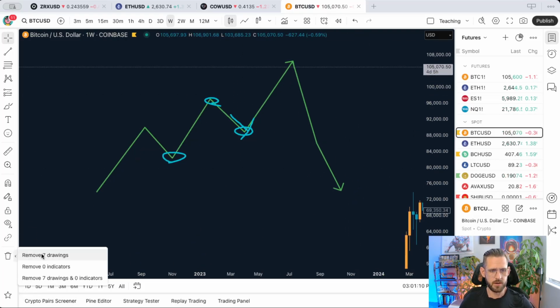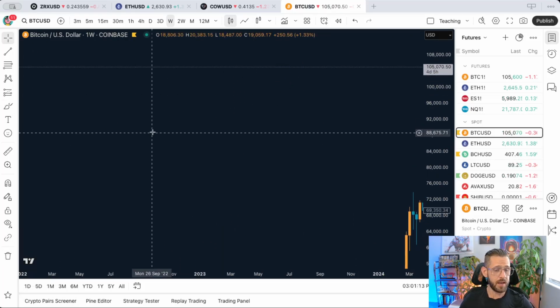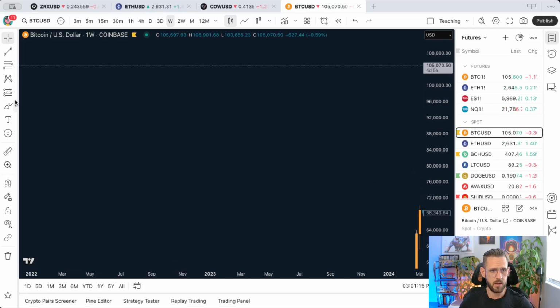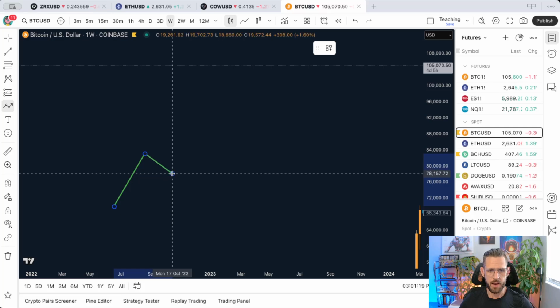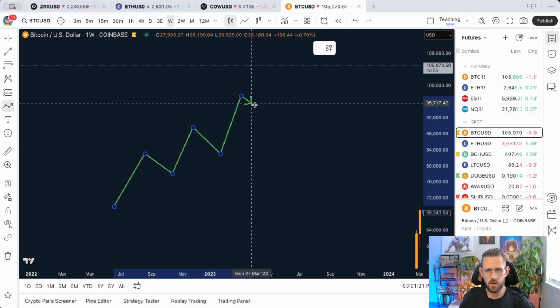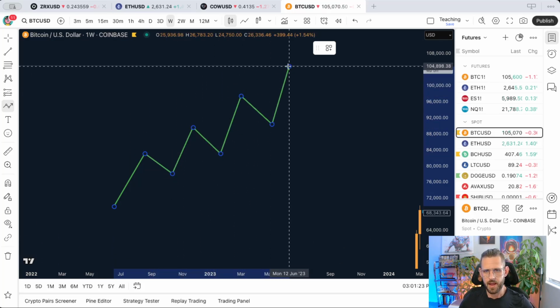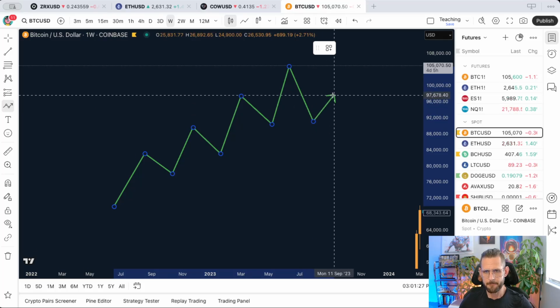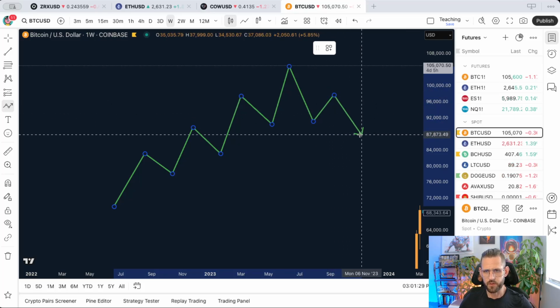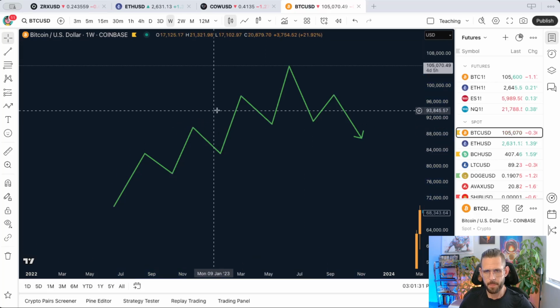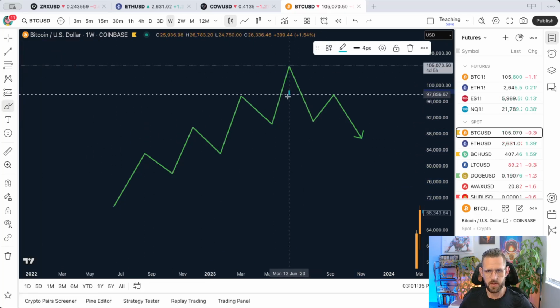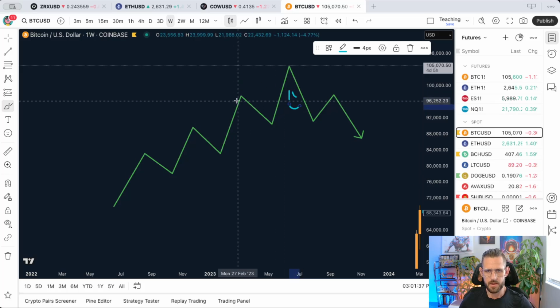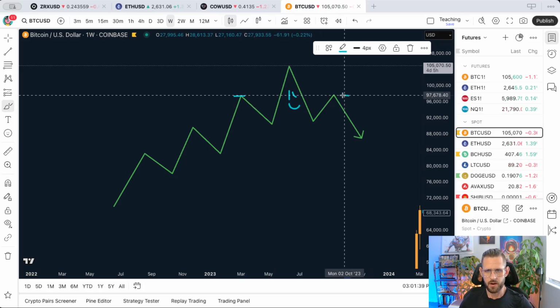And this is where we can start to get into these patterns like inverse head and shoulders patterns, where the trend line does start to reverse. So we have our higher high, higher low, higher high, higher low, higher high. Then we typically see an equal high. And then we see our first lower low, okay? And here you can see that inverse head and shoulders. We have our head here and our left shoulder and our right shoulder.